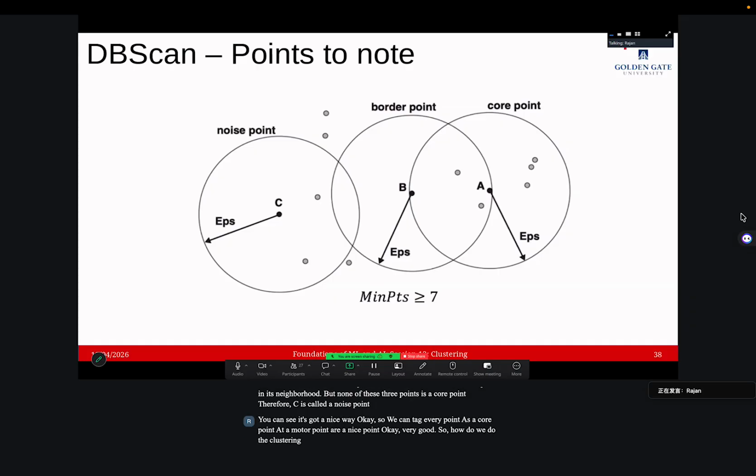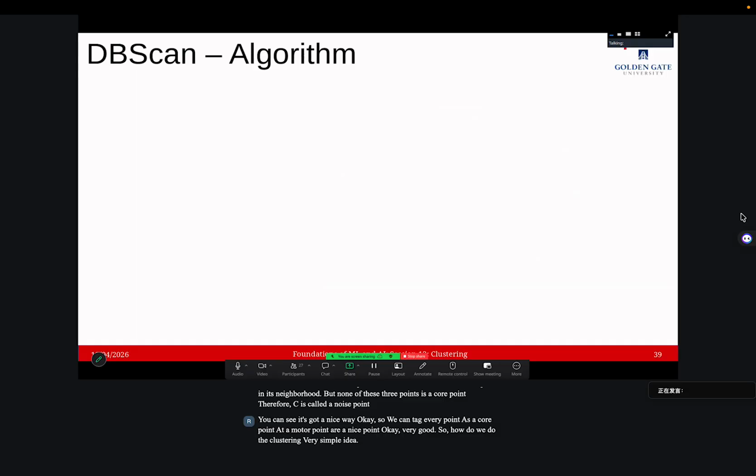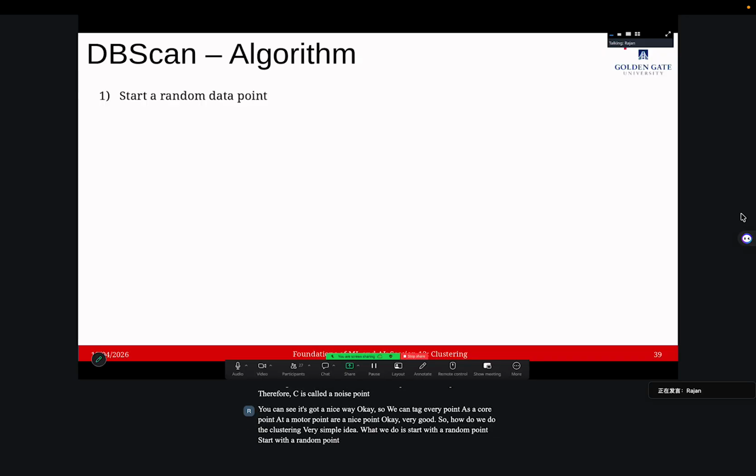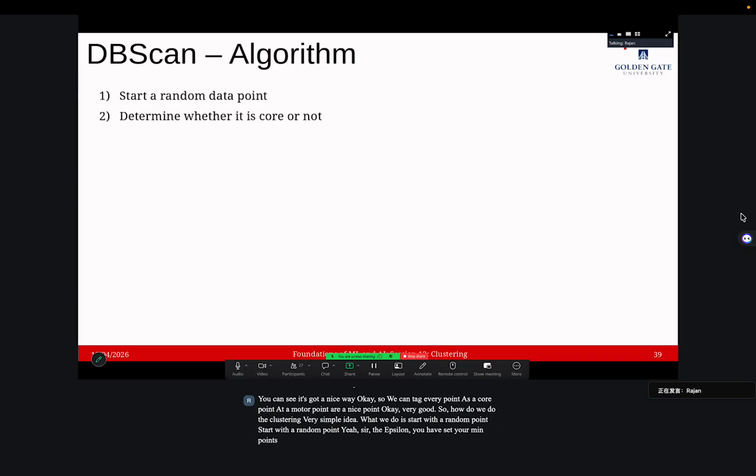Very simple idea. What we do is start with a random point. You have set the epsilon, you have set your min points. See whether this point is core or not. If it is not core, discard this point and go to some other random point.